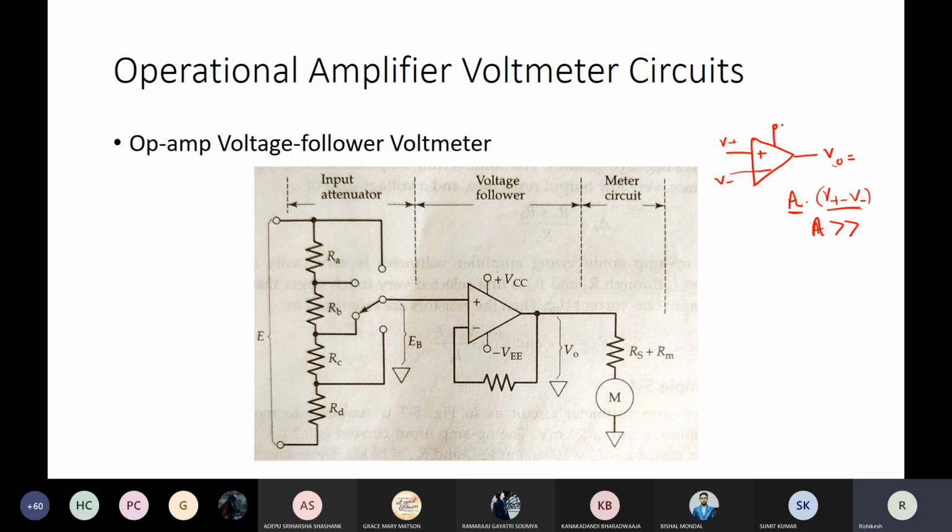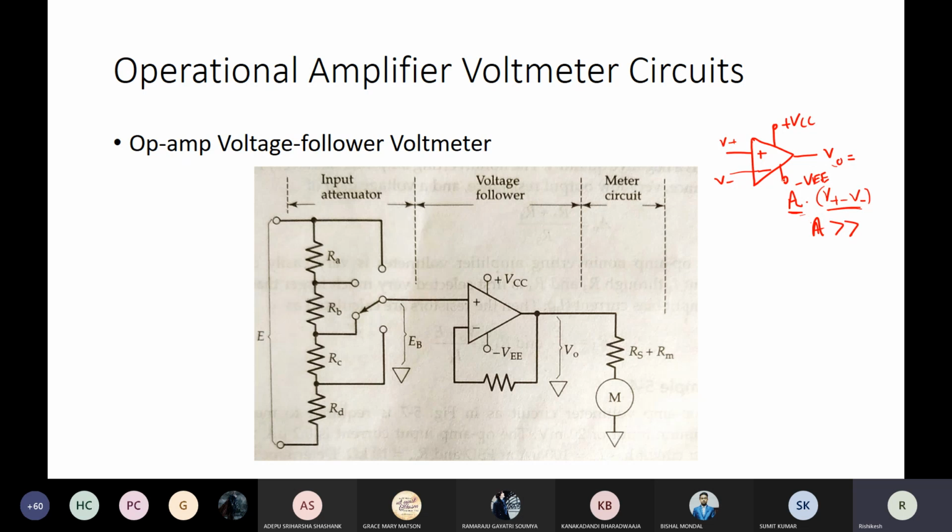Again, the supplies are shown here. You must have studied that it requires two power supplies for its operation, positive and negative both, with respect to the common terminal of the source. This is the basic characteristic.